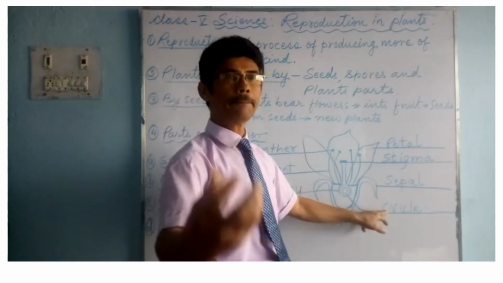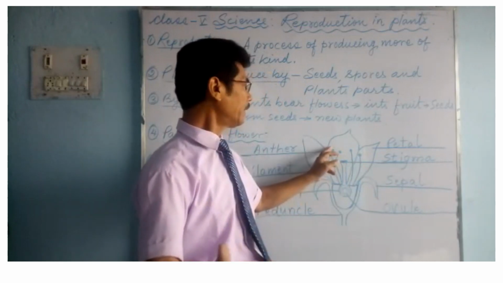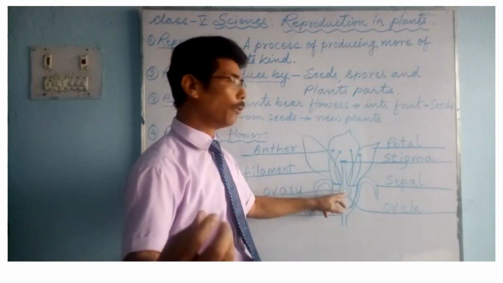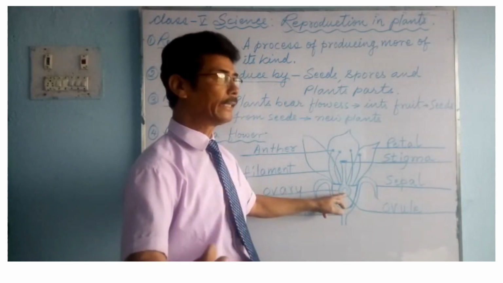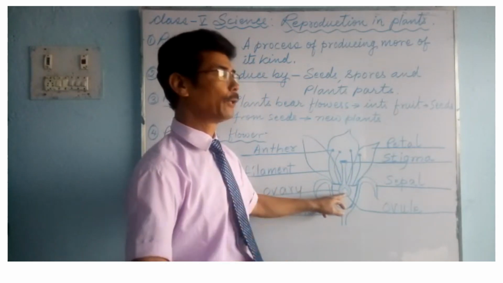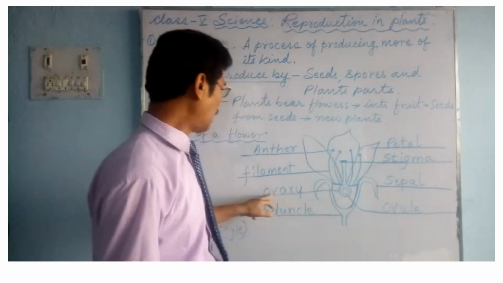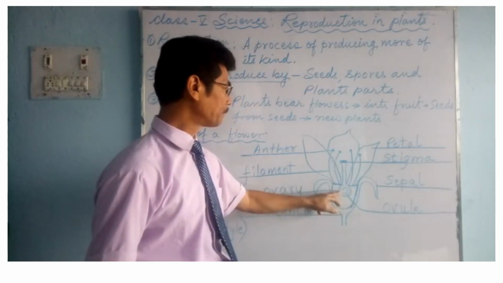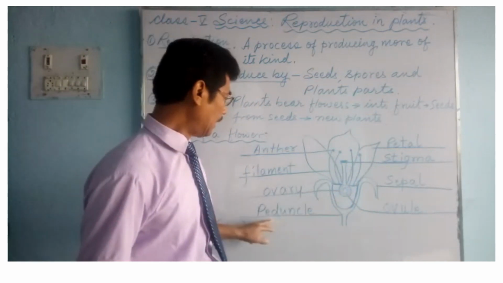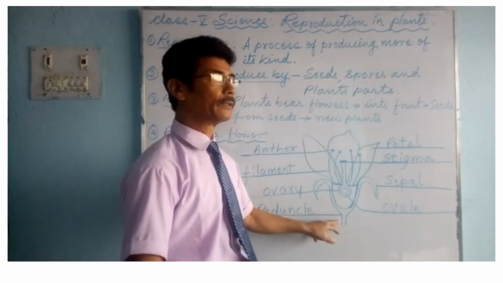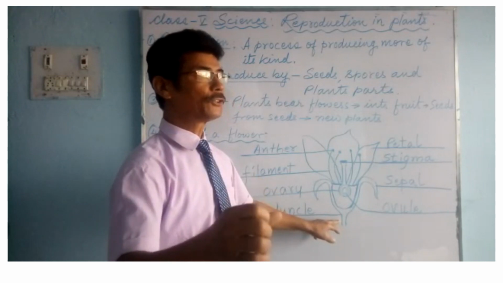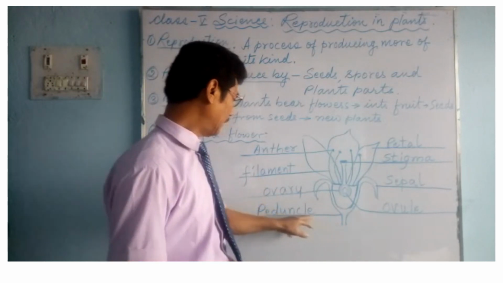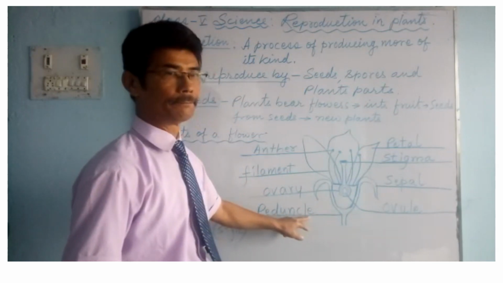It has got an embryo, and when the male pollen grain reaches the egg, then the embryo is born. So now this whole portion, the female part, is called the ovary, and the lower portion, where the flower is joined to the stem of a plant, is called peduncle.